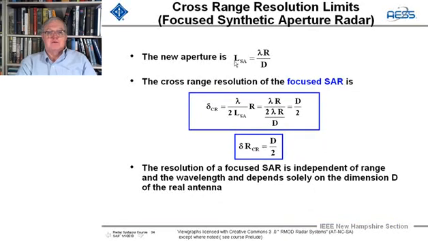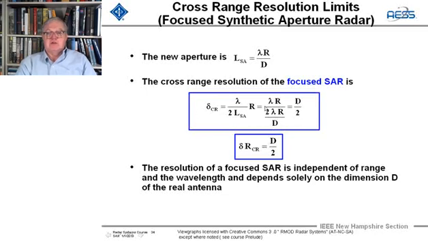Now this is the real aperture, L. This is the synthetic aperture, lambda r over d, and the cross-range resolution of the focused SAR is just lambda r over twice the synthetic aperture. Here's the lambda over d and the range, and then we've got the factor of 2 because it's a synthetic aperture system, and when they all cancel out, we get d over 2.